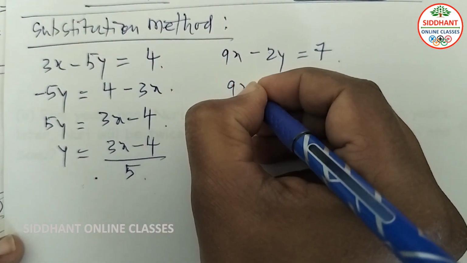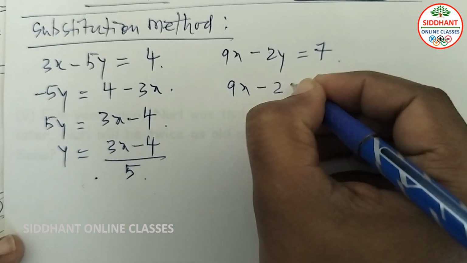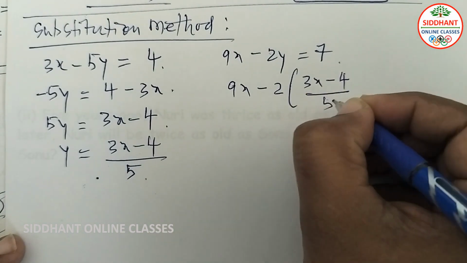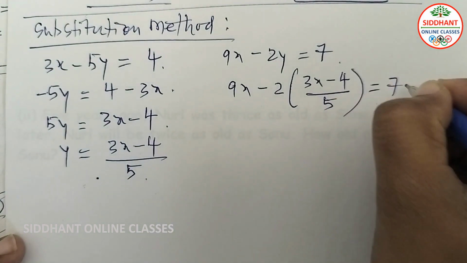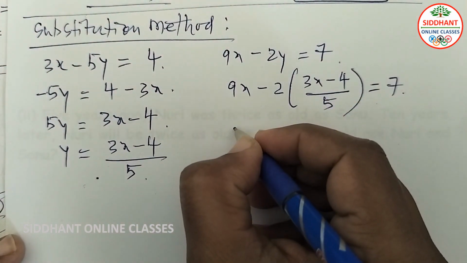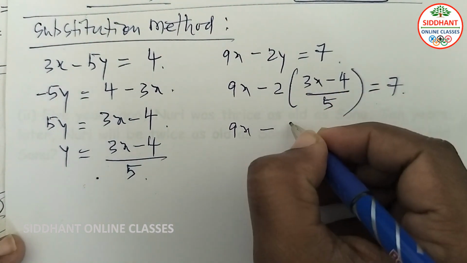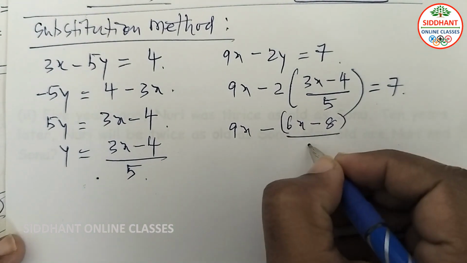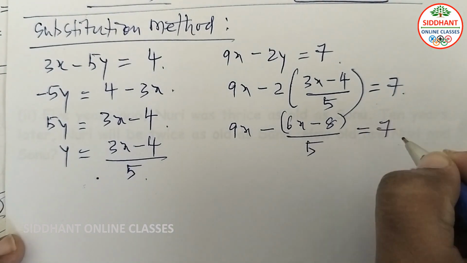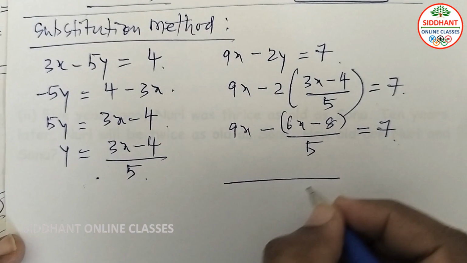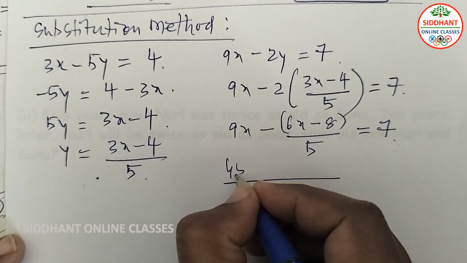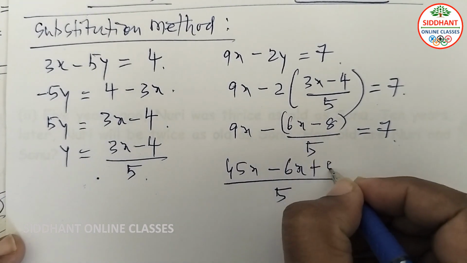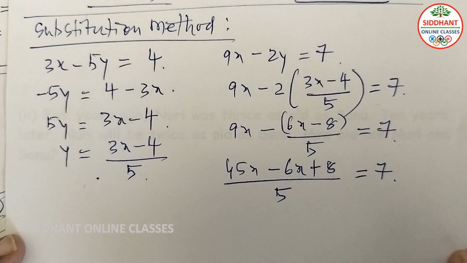So here 9x minus 2 into 3x minus 4 by 5, that equals 7. So here 9x minus 2 into 6x minus 8 by 5, which is equal to 7. So now taking LCM 5 here, we get 45x minus 12x plus 8... that equals 7 here.